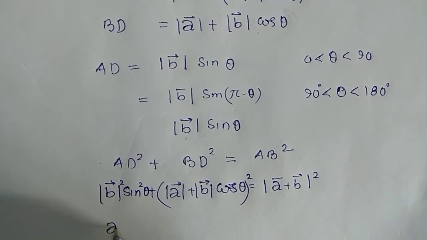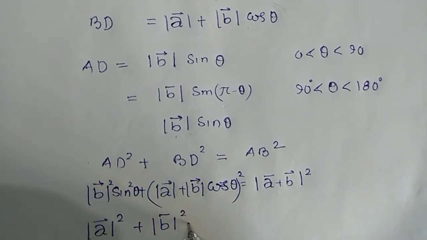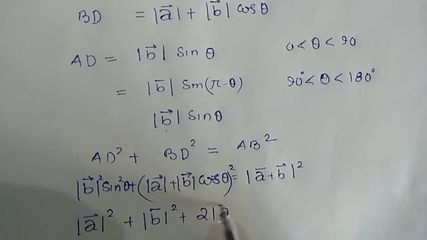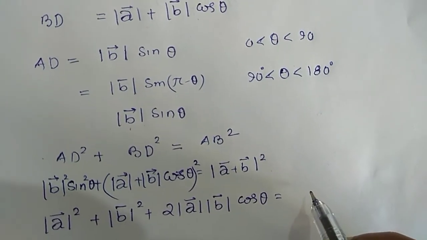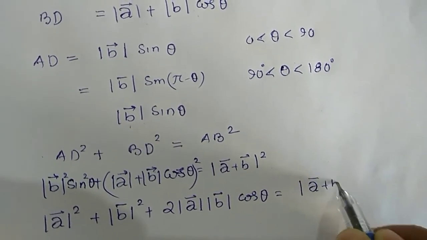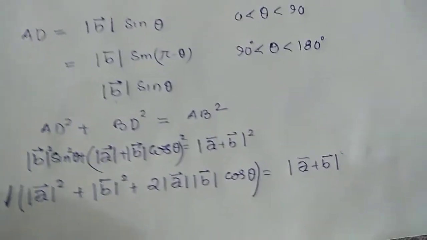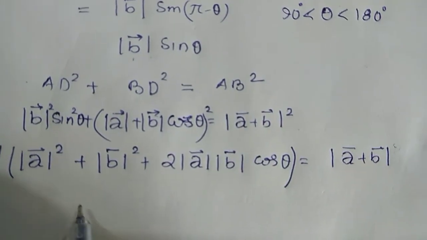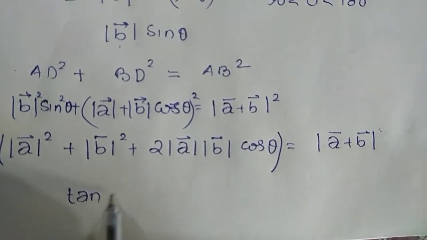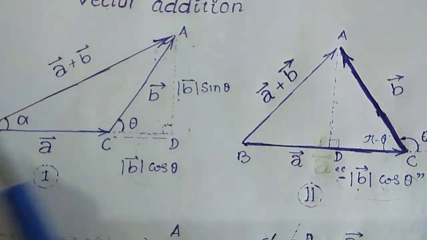If we expand and observe, we get mod of A squared plus 2 into mod of A, mod of B, cos of theta, and modulus of B squared. Now we write tan of alpha, which means this length divided by this length.